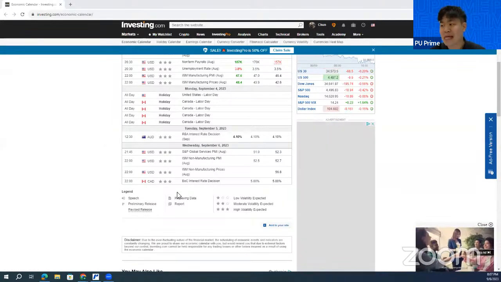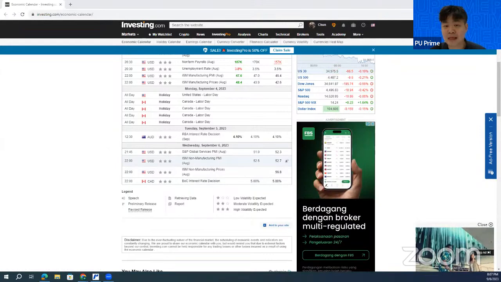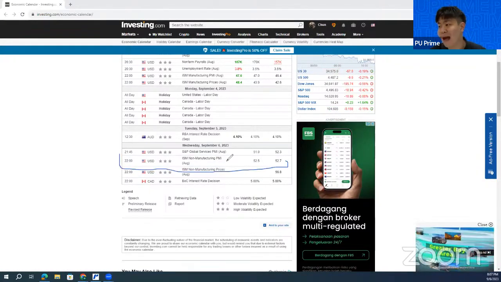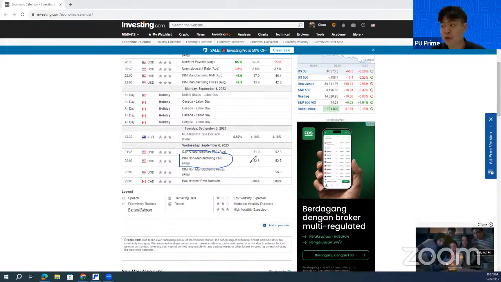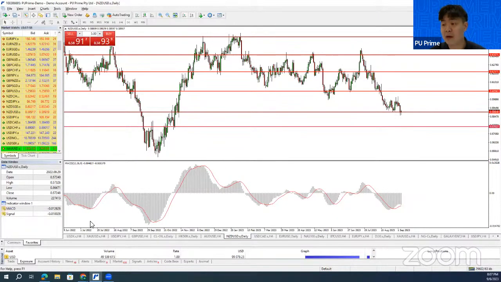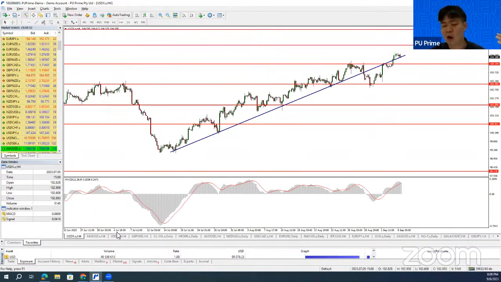To put it simply, it measures market confidence towards how the non-manufacturing sector in the United States will perform. If the reading is higher than the market expectation or improved from the previous reading of 52.7, there is a high chance that the US economy will continue to recover. Combined with the positive non-farm payroll data, it reaffirms that the overall prospect for the US economy is very positive now.